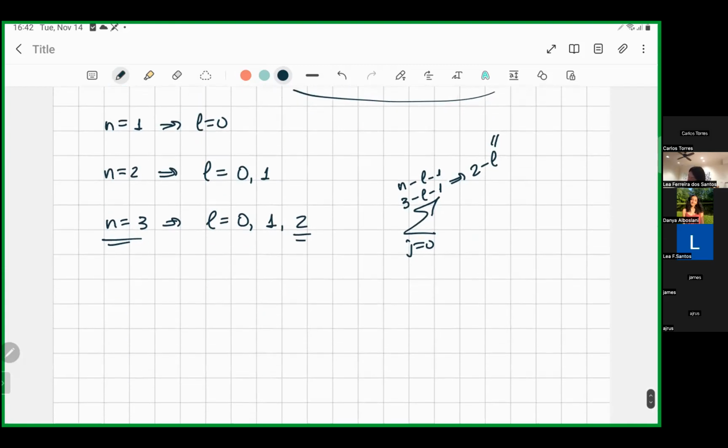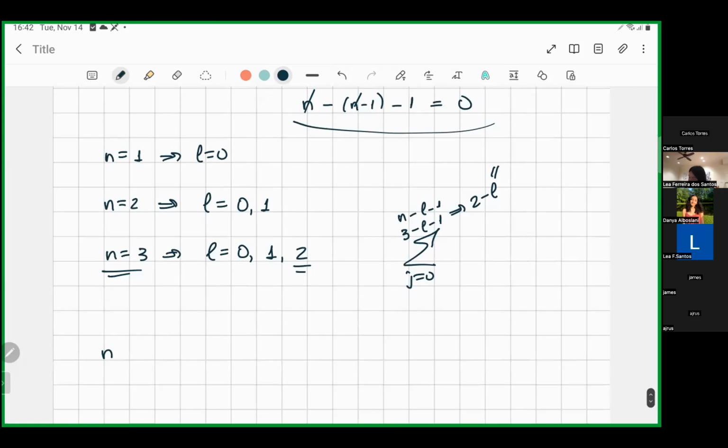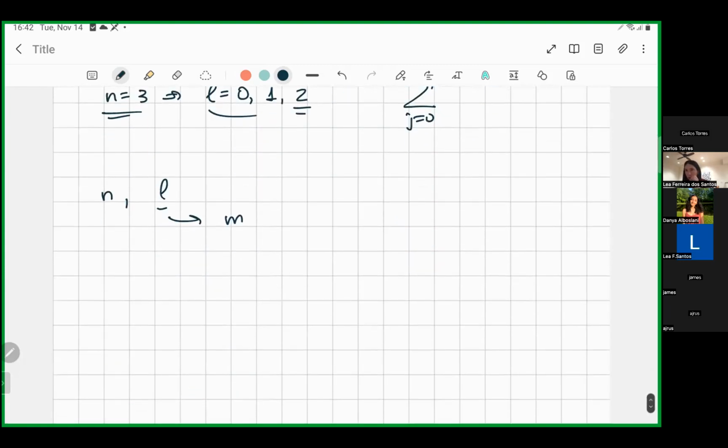Okay, so you see that for each value of N, we may have many values of L. And for each value of L, we have many values of M. And they form a group of degenerate states. Okay, there are 3 more minutes, so let me just tell you about this group of degenerate states. If N is 1, L can only be 0 and M can only be 0.